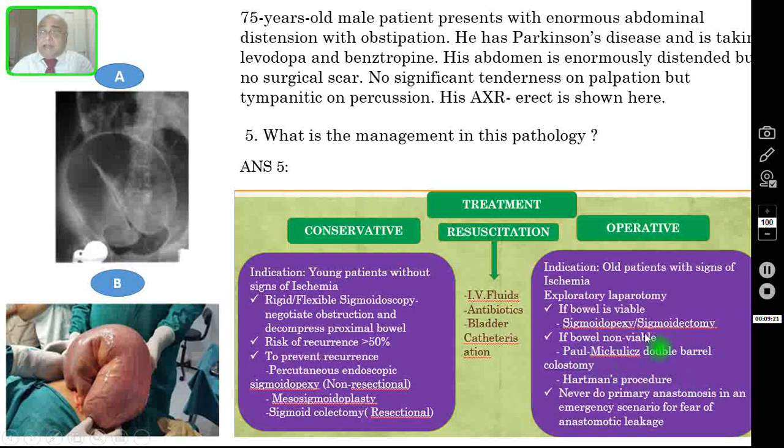And if it is an emergency procedure, you should not do primary anastomosis. You can do either Paul Mikulicz double barrel colostomy or Hartmann's procedure. This you can do. But never do primary anastomosis in an emergency scenario for fear of anastomotic leakage.